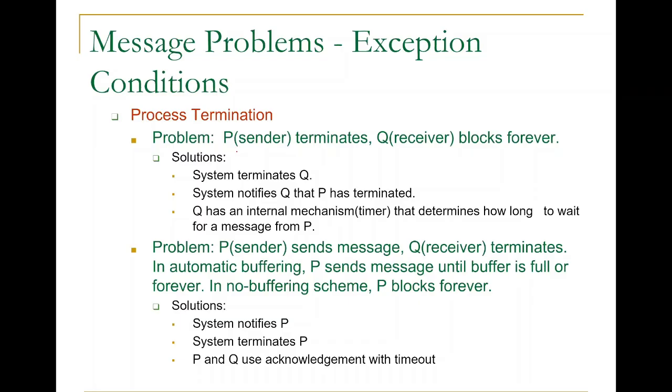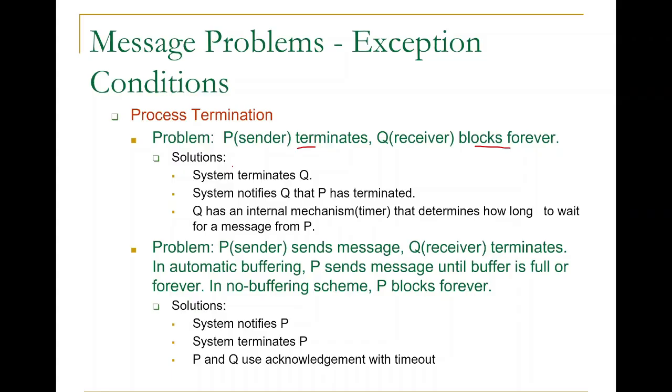This is a problem. Let's say P the sender terminates, stops, and Q the receiver is blocked forever, waiting for a message, while the sender has stopped sending. There could be that problem where there's a process termination.